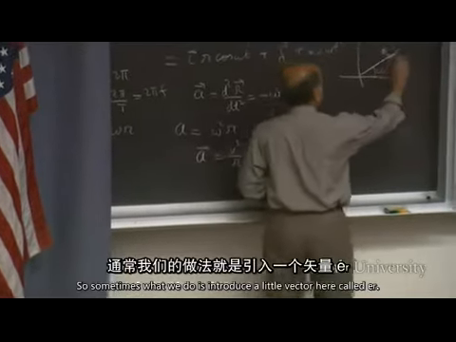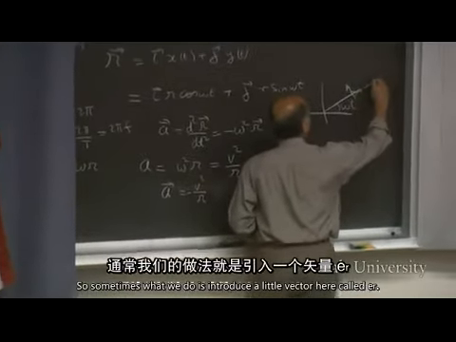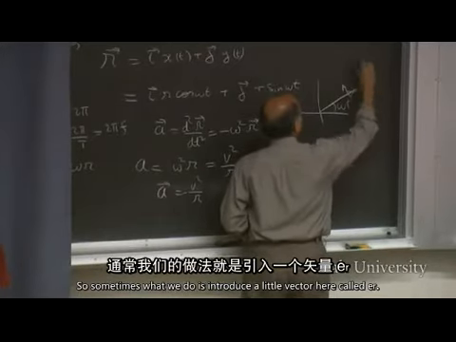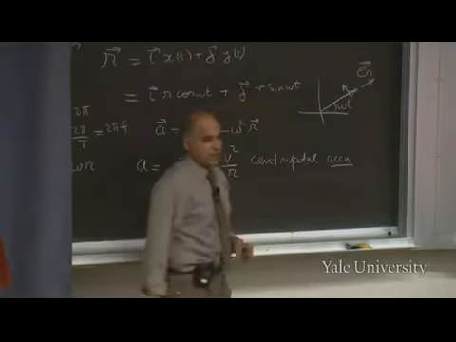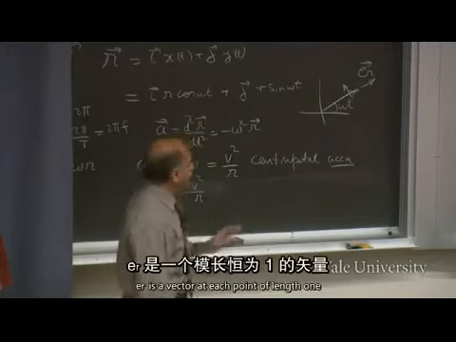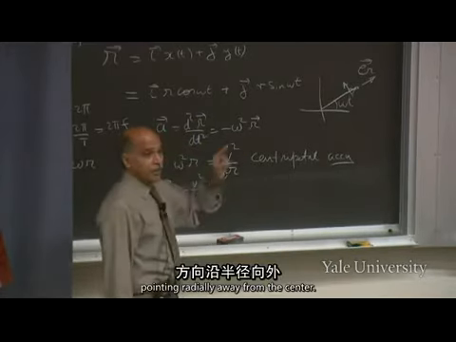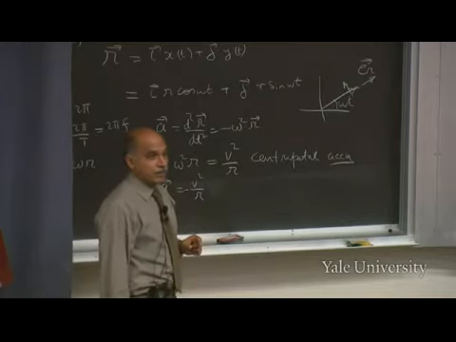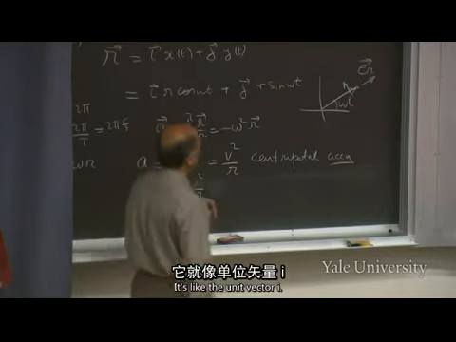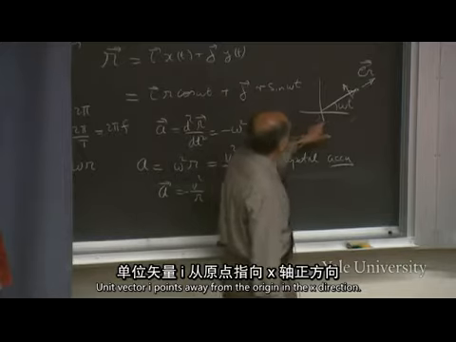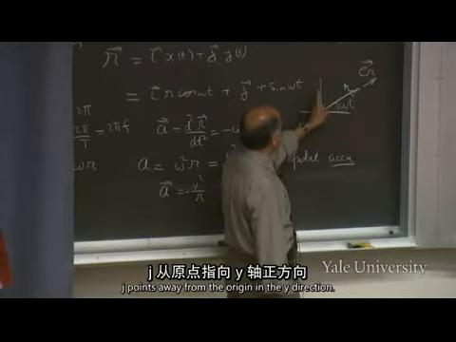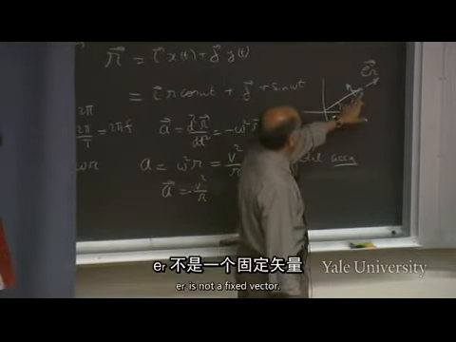So sometimes what we do is we introduce a little vector here called e sub r. I'll tell you more about it later. e sub r is a vector at each point of length 1 pointing radially away from the center. It's like the unit vector i. Unit vector i points away from the origin in the x direction. j points away from the origin in the y direction. e_r is not a fixed vector.